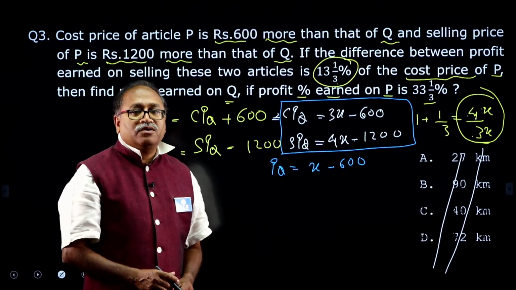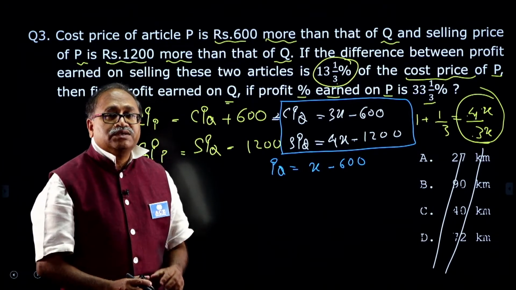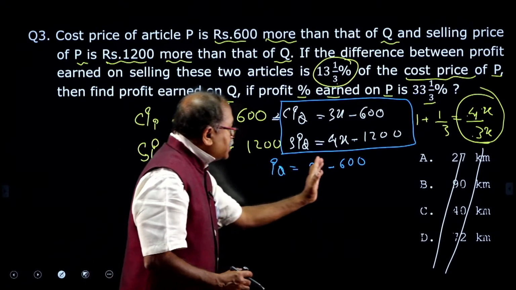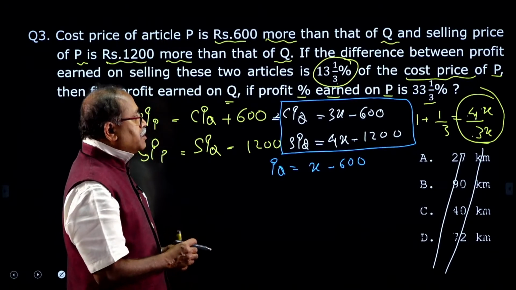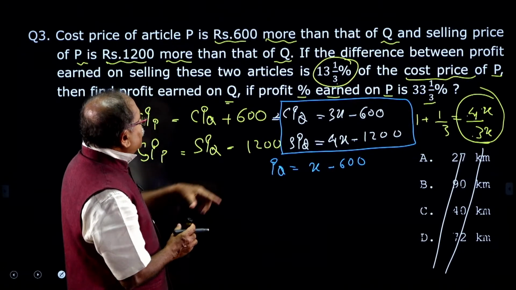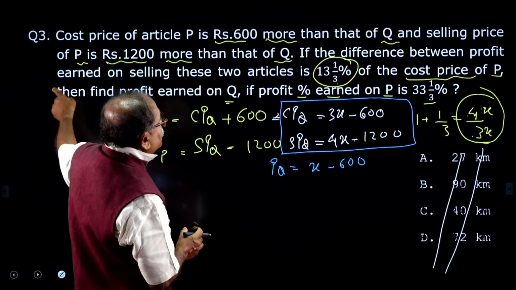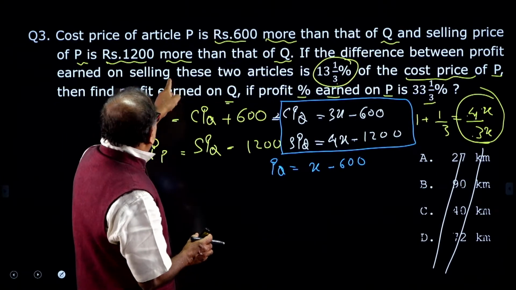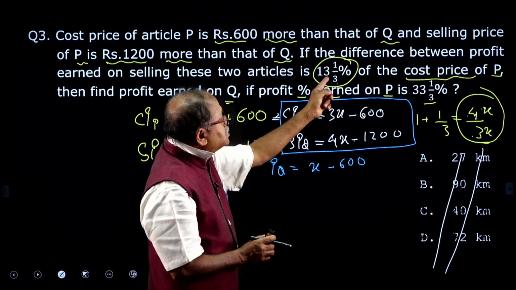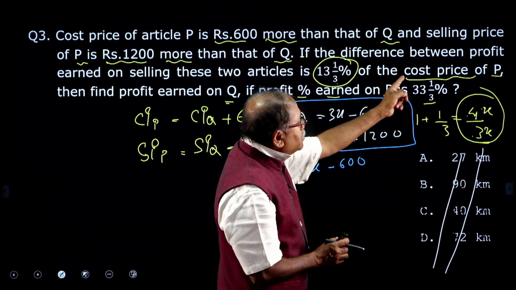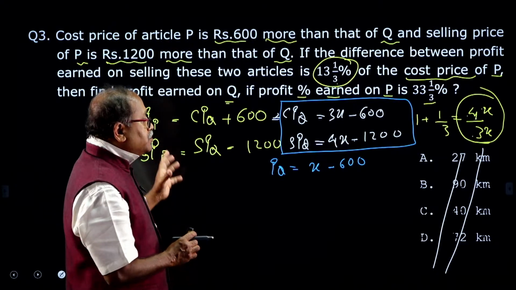After that, what can you do? I will give a pause because I am not giving time for you to answer the question. So, we got this profit here. After that, what can be done here? Come on. We have still not used this one. That is the difference between the profit on selling the two articles, which is 13 1/3% of the cost price of P. Come on, use this information.